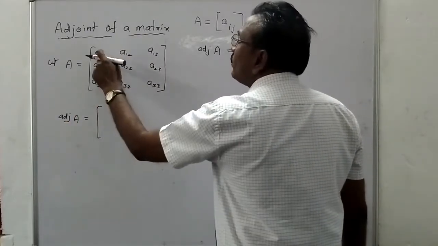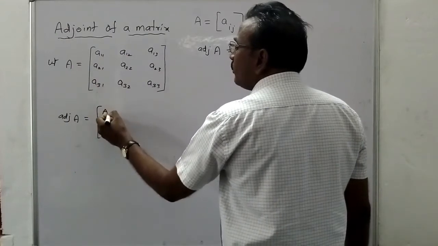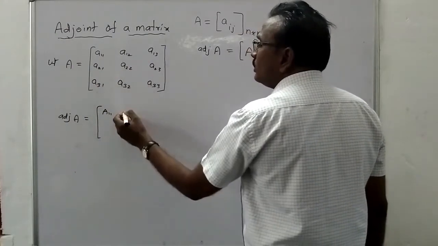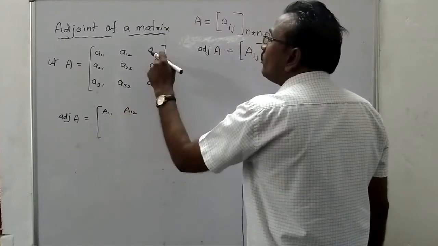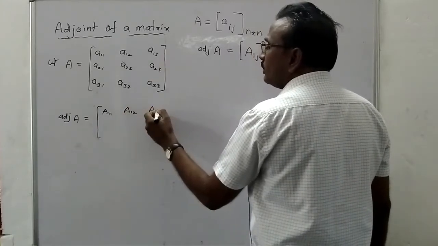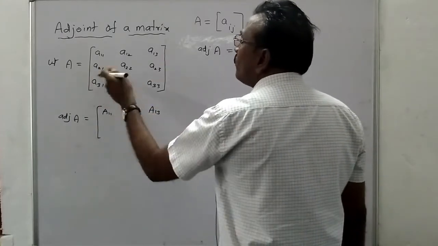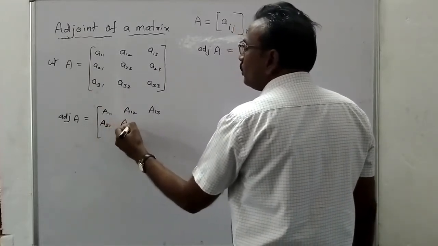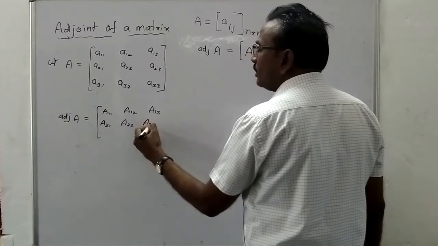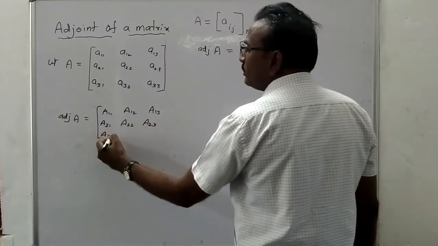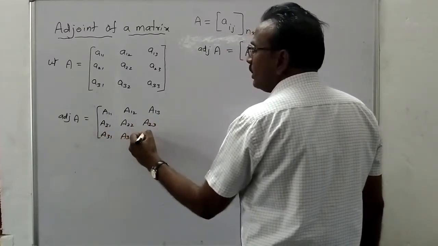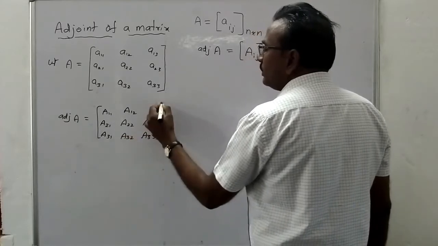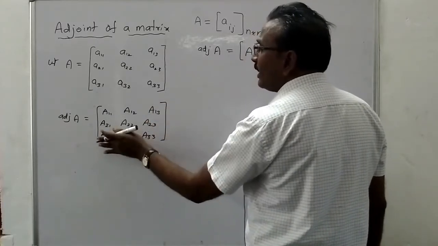Cofactor of A11 is denoted by capital A11. Cofactor of A12 is denoted by capital A12. Cofactor of A13, capital A13. Similarly, cofactors of second row elements A21, A22, A23, and third row elements A31, A32, A33. So this is the cofactor matrix.